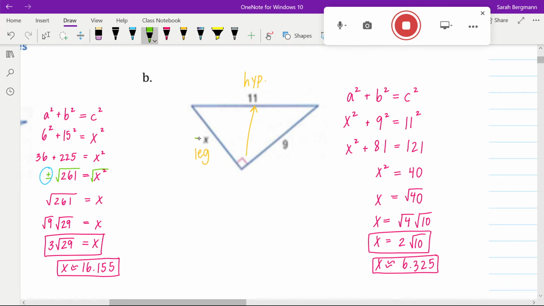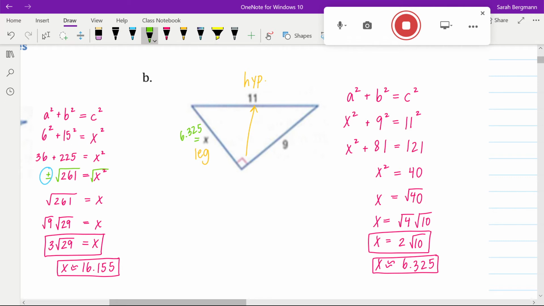So on this answer, we got 6.325 as an approximate answer. You can always just make sure that it makes sense. The hypotenuse should end up being still the largest value for the lengths of the sides of the triangle. If you got an answer like 12 or 15, something larger than 11, you need to go back and double check your math because something went wrong there.